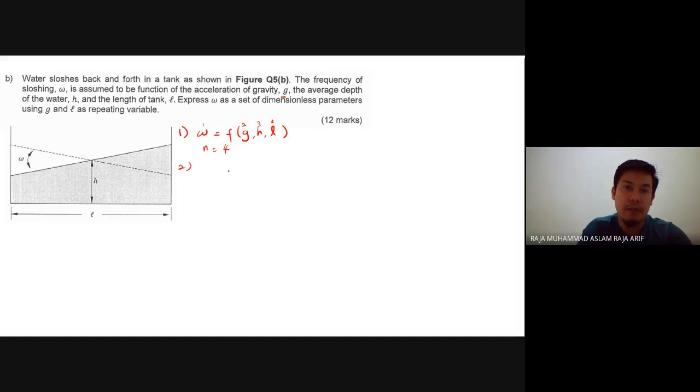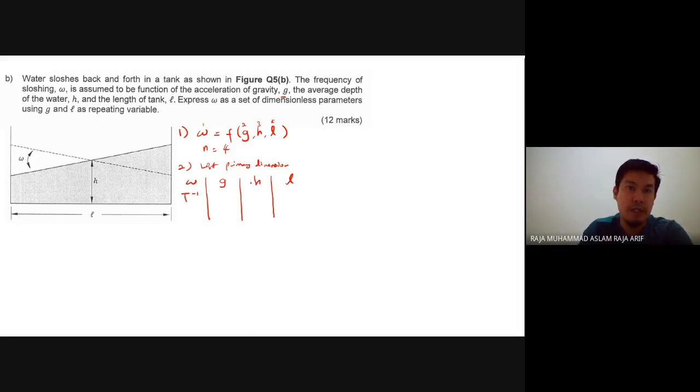And the second step is that we list the primary dimensions for all of these parameters, so M, L and T. We make a table as usual for omega, g, h, and L. Omega is a frequency, so we know the unit is hertz, and the dimension will be T minus 1.